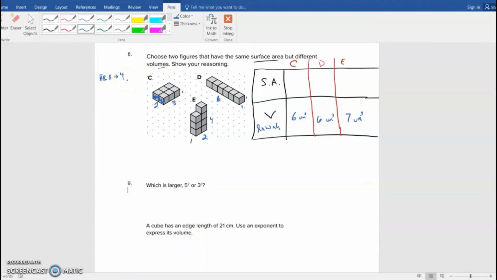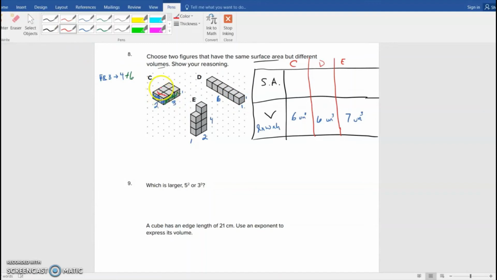Okay, and then I've got my sides. I'll color code in green. So this face right here is 1, 2, 3 units, and then also the back side of this side, the screen side, would be another 3. So that would be 3 and 3 is 6. And then lastly, I've got the top and the bottom.